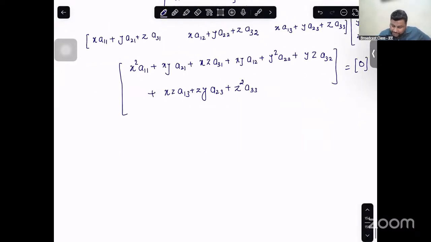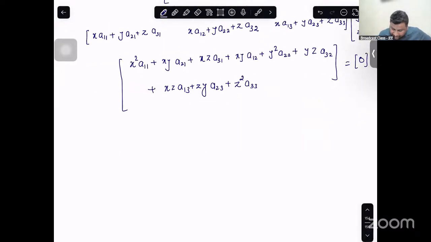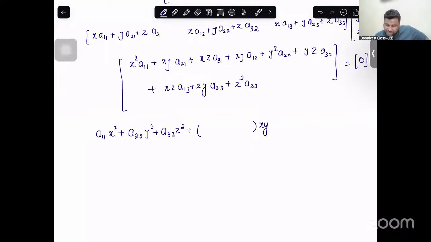Now if you realize, it is A11 into x square plus A22 into y square plus A33 into z square plus, what is there with xy? With xy, you have A21 plus A12.